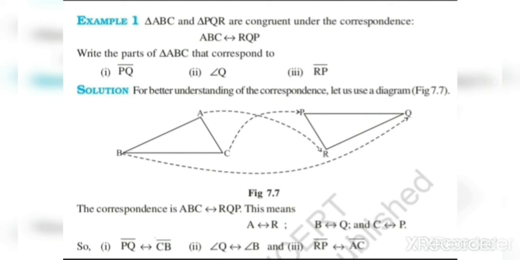First of all, let us draw the diagram. In geometry, a diagram is a must. Draw a diagram of triangle ABC. And here we have another triangle RQP.